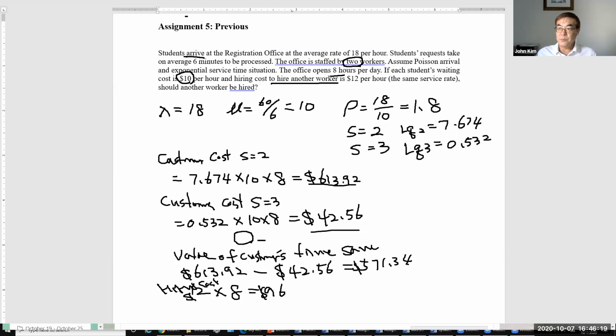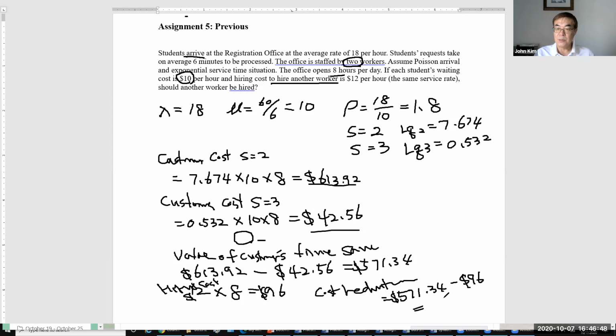So by hiring one more clerk, the cost reduction equals: save $571.34, but pay $96.